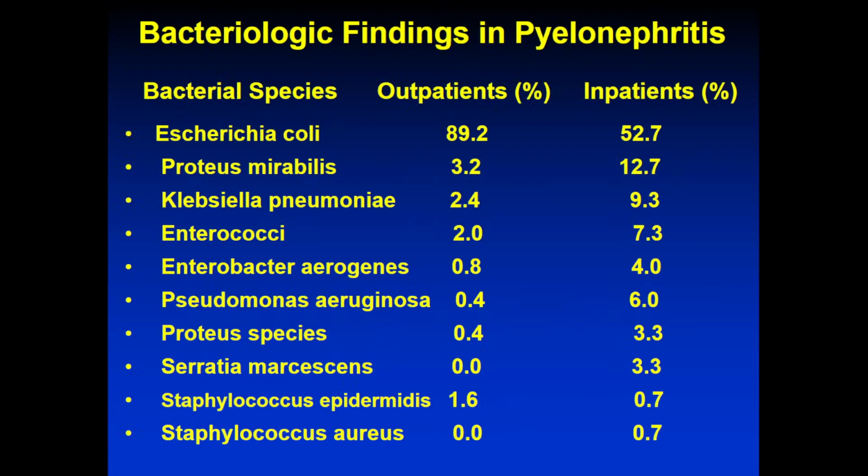You see here the list of the bacteriological findings of pyelonephritis, and you can discover some difference between the outpatients and inpatients, or in other words, hospitalized patients. Escherichia coli in outpatients takes the first place, up to 90%.